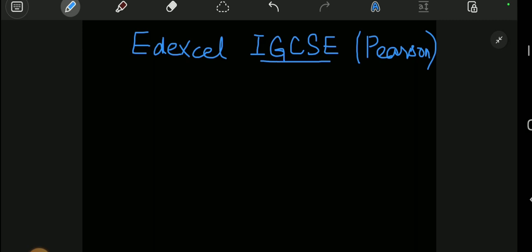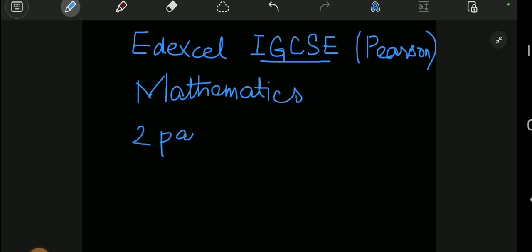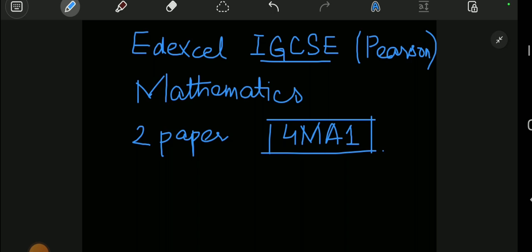For mathematics, we have two papers. Their paper code is 4MA1. The main code for mathematics is this, but we have two tiers in it.